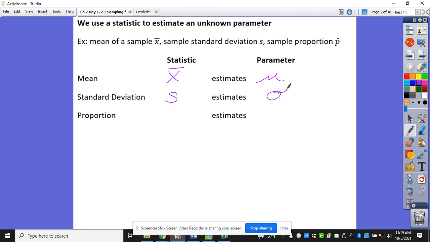This is the first one we start with. The true population proportion is P. The estimated one is actually just called P hat, and it looks like P with a hat on it. And so if it's written, it's literally written as like P hat. You can see it written like that.